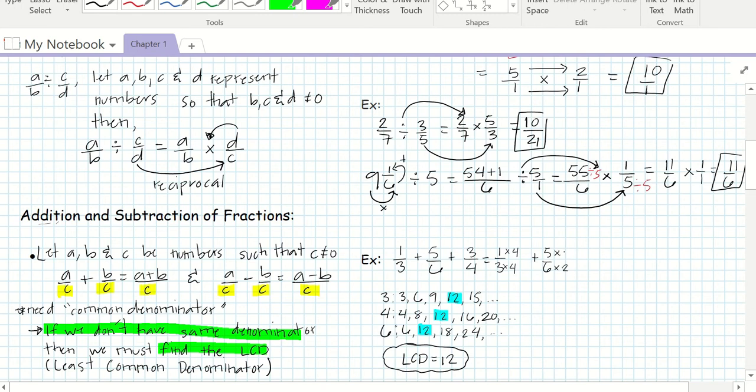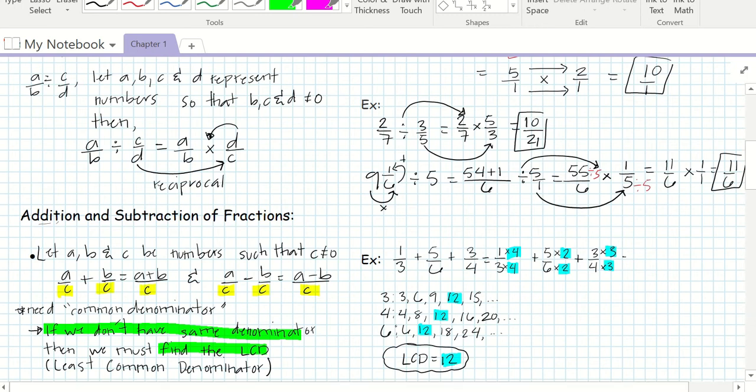Times 2, top and bottom. Plus 3 over 4. 4 times what gives me 12? Times 3. And I'm going to go ahead and multiply the top and the bottom. So I'm multiplying times 4, times 2 and times 3, so I can get that LCD.